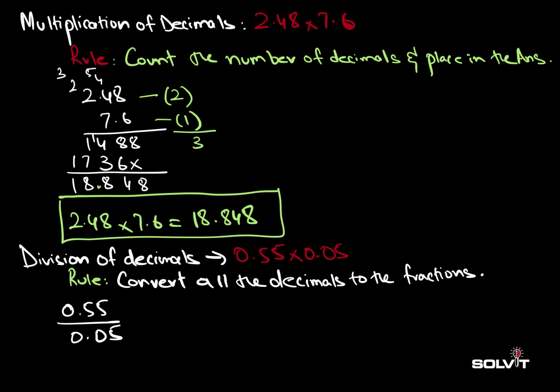Okay, so now 0.55 divided by 0.05 can be written like this, right? First of all, it was written vertically, but I wrote it horizontally.